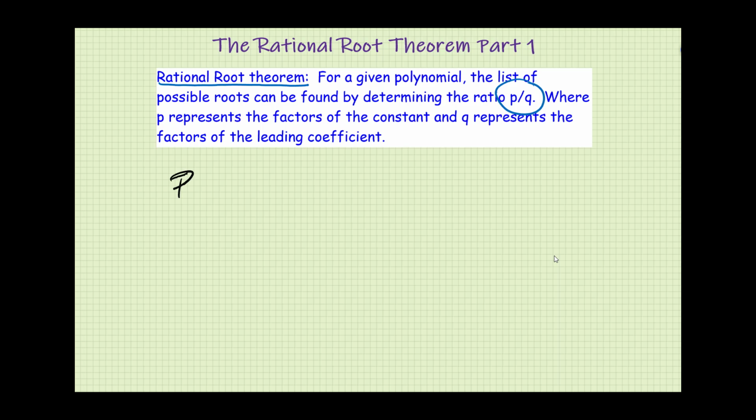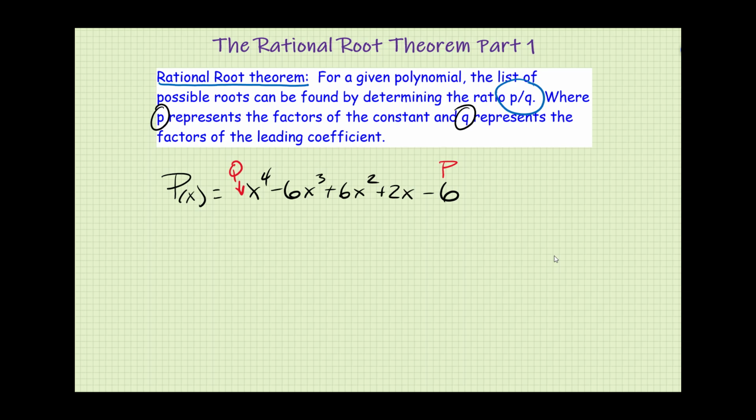Let's say you have a polynomial, x to the fourth minus some other things, like so. Now, in this problem, let's talk about what the factors of p and the factors of q are. p is the constant of your polynomial, the number at the end. q is the leading coefficient, which in this particular problem is 1.